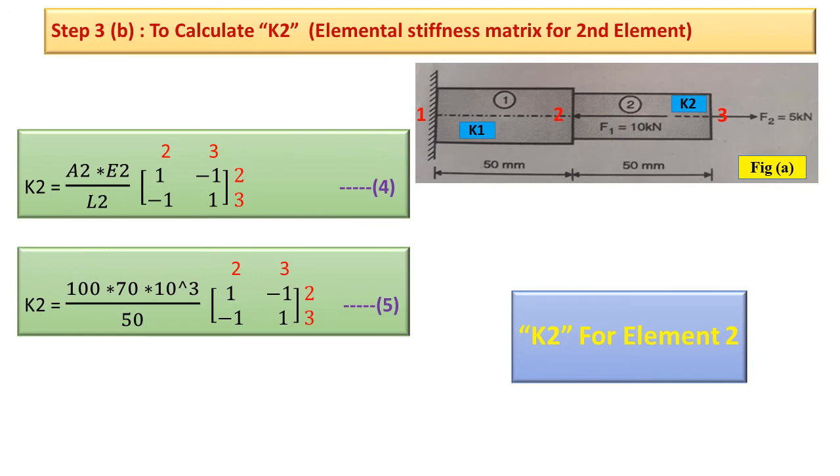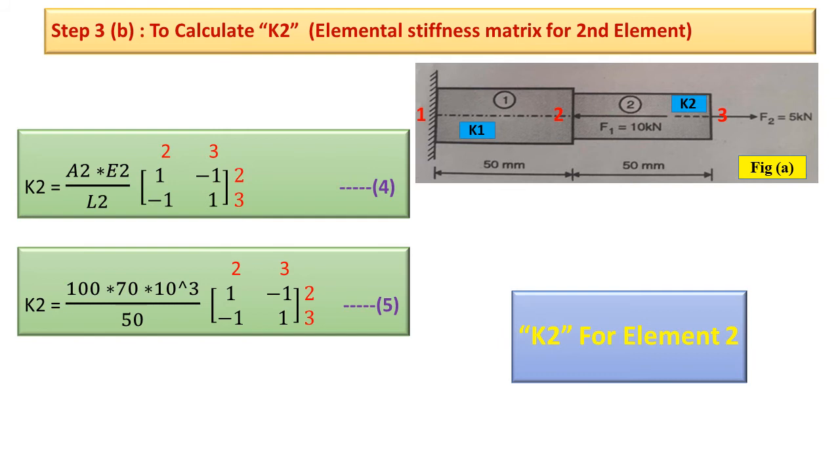From the data we will put the values of A2, E2 and L2, as K2 means the stiffness matrix for the second element. That's why we will consider A2 E2 upon L2. We will convert units into Newton and then mm. Now 2 and 3, as we can observe, K2 stands for the second element. The second element lies between node number 2 and 3.